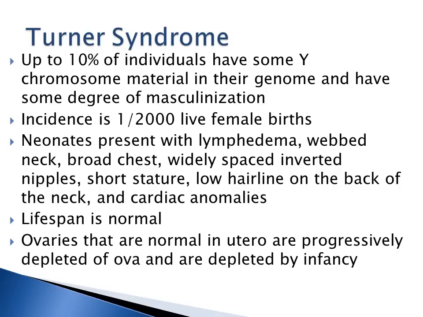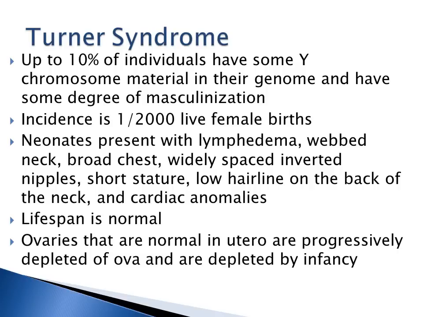In Turner syndrome, up to 10% will have some Y chromosomal material in their genome, and in these individuals there is some degree of masculinization. The incidence is 1 in 2,000 live female births, and neonates will present with lymphedema, a webbed neck, broad chest, widely spaced inverted nipples, short stature, and a low hairline on the back of the neck, as well as cardiac abnormalities.